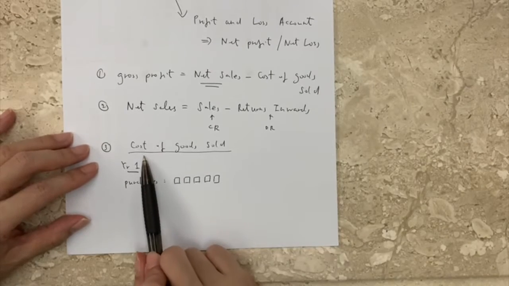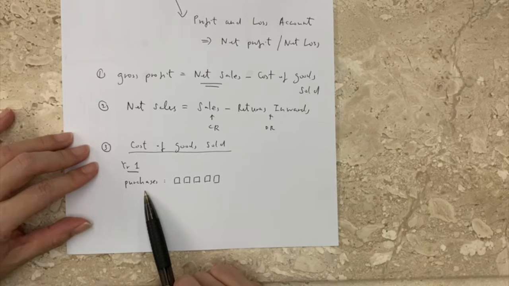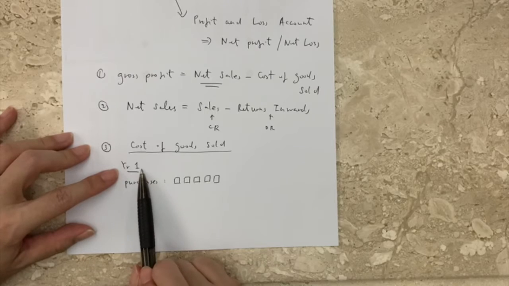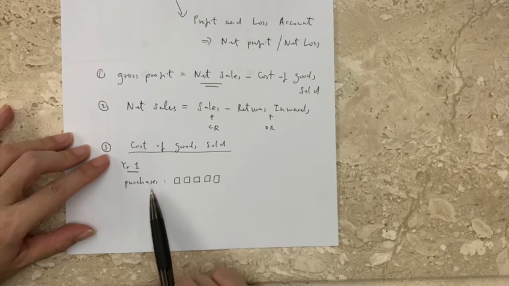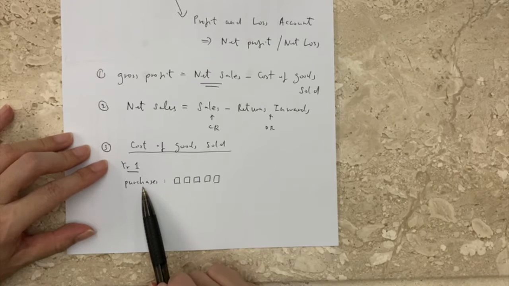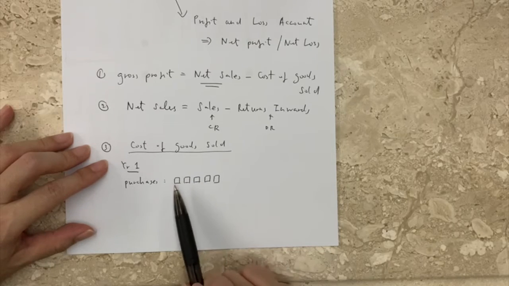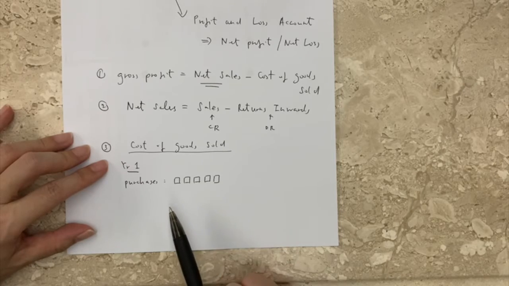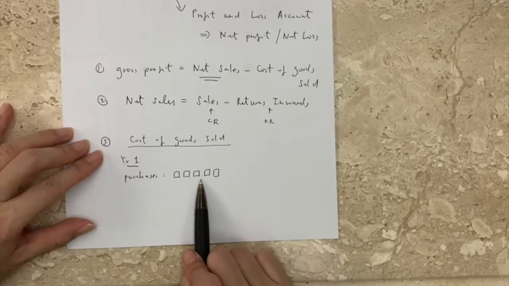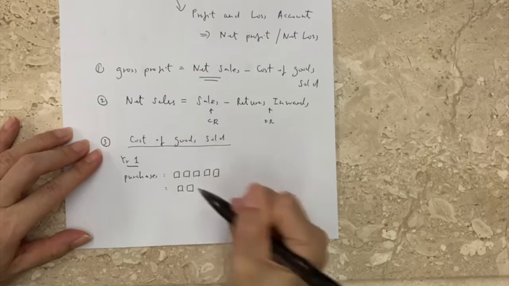Next we come to the formula of cost of goods sold. I draw this diagram to explain it. Let's say this is year 1, we start our business. To sell things to customers, we must go to the supplier to buy goods first, so we have purchases here. Assuming we buy 5 boxes of goods during the year, and then we make sales to customers, and we realize that we have 2 boxes left.